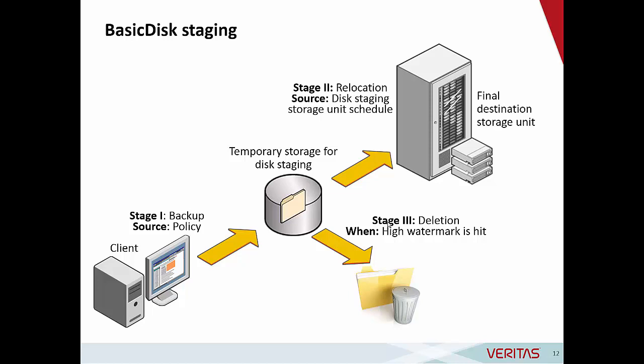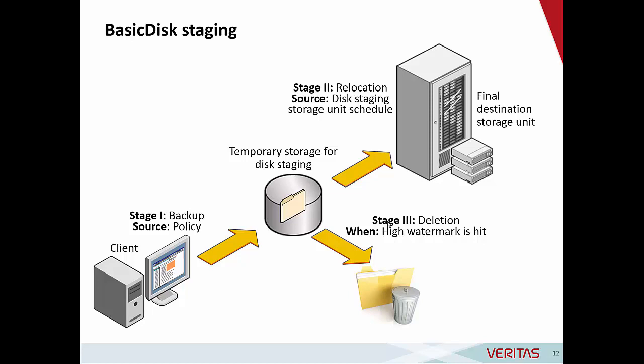That final destination for the data is going to remain there for as long as the schedule originally said. So if the schedule said 6 months, it's going to stay on tape for 6 months. Now that first copy that we made to disk is not going to be there for 6 months. It's going to be there as long as it can be until the disk runs out of space.